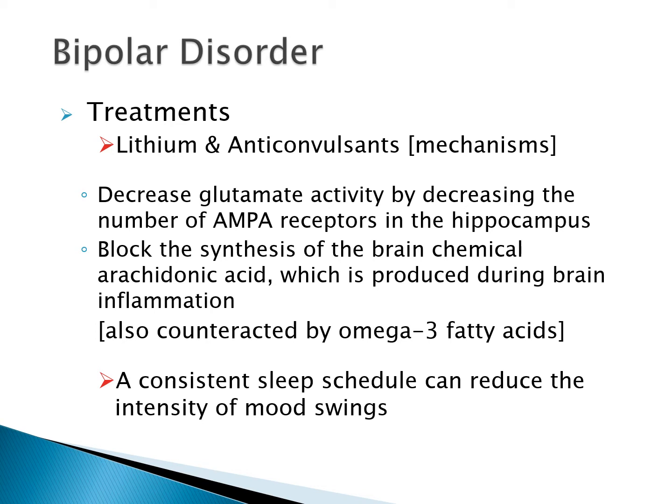We also see arachidonic acid being blocked or counteracted by omega-3 fatty acids, and especially in our kind of American diet, where we tend to get a lot more omega-6s and omega-9s, and some of this is really about the ratio, but it looks like, and I'm going to show on the next slide, the kind of environmental factor, that those omega-3s that we can get from those small fish, from fish oil, from avocados, there are many different ways to get omega-3 fatty acids into just your diet, that is also helpful for people with bipolar disorder.